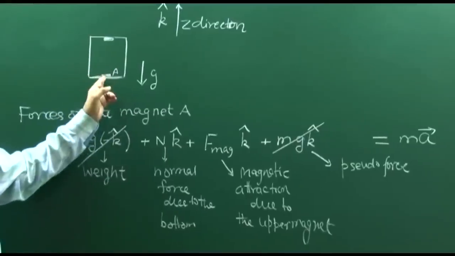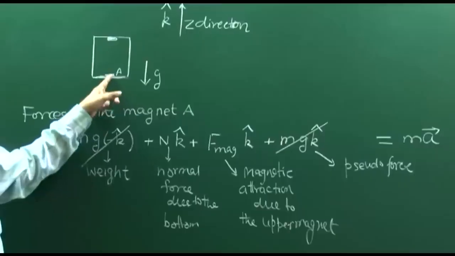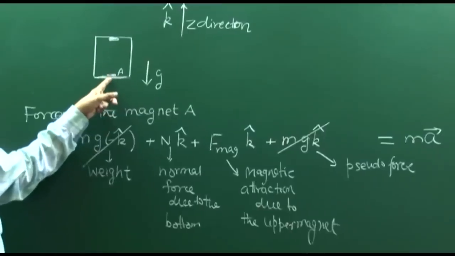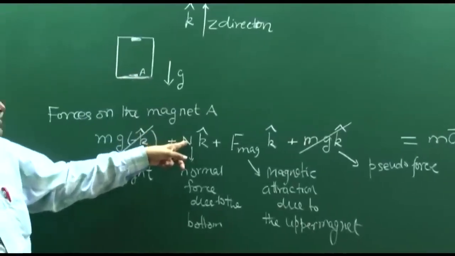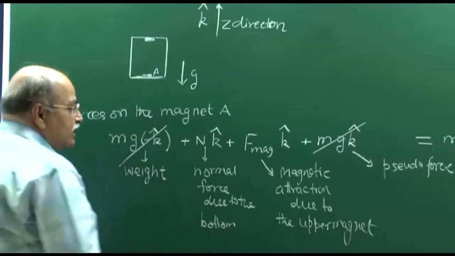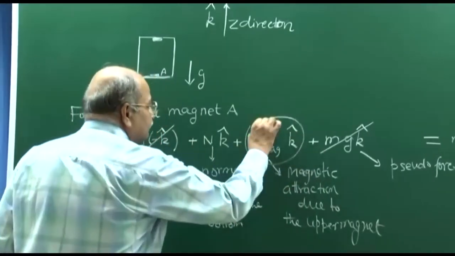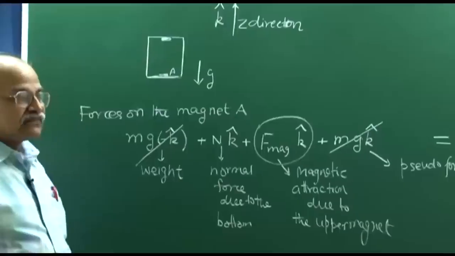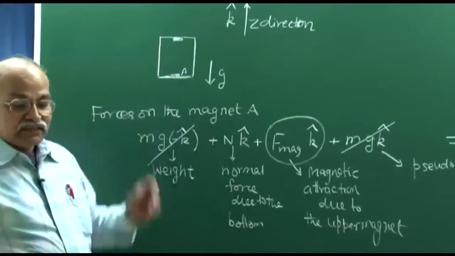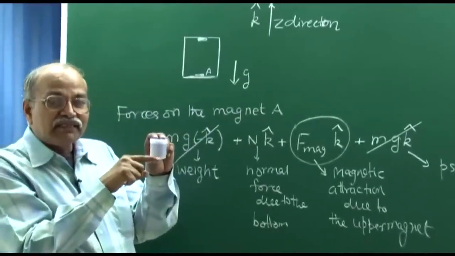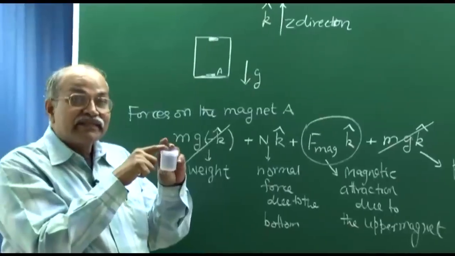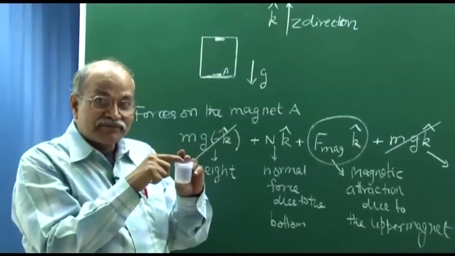As it goes slightly up, this contact here is broken, and then this N also becomes 0. So, it moves only under this magnetic attraction, and that is in upward direction. So, in the box frame it has to go up, and it goes up and strikes this upper magnet.